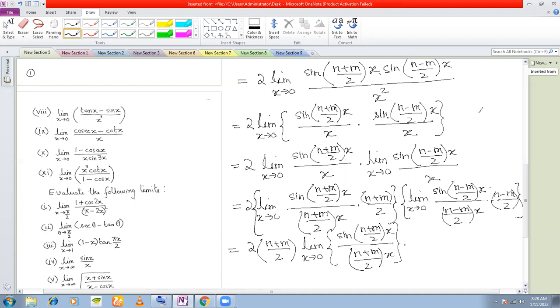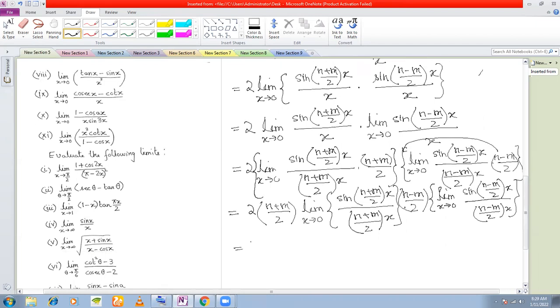And here again I can take this n minus m by 2 also out of this limit. N minus m by 2 into limit x tends to 0 sine n minus m by 2x divided by n minus m by 2x.